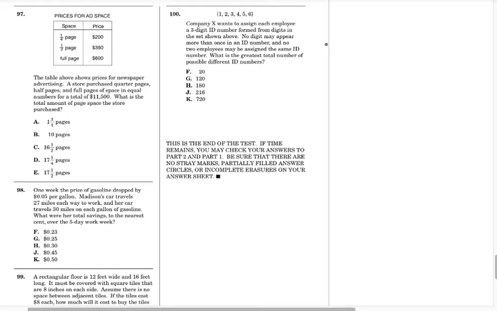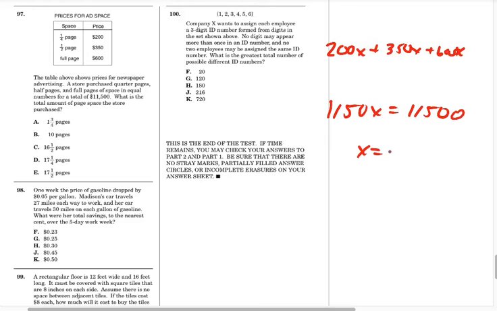So we're going to have 200 times x plus 350x plus 600x equals, what is it, 1150? So that's going to be 950, 1150. 1150x equals 11,500. So x equals 10, so there's 10 of each.